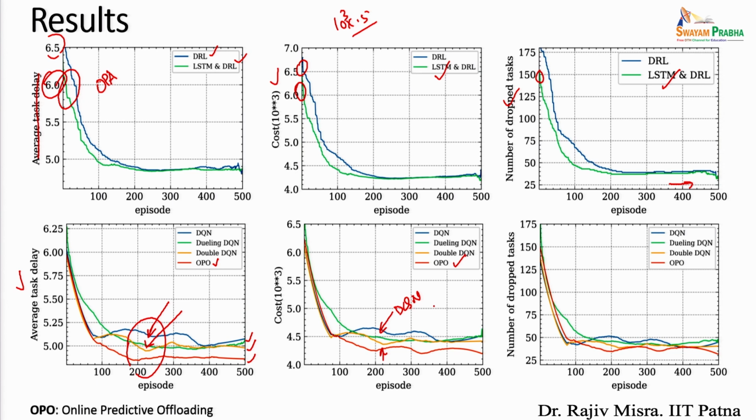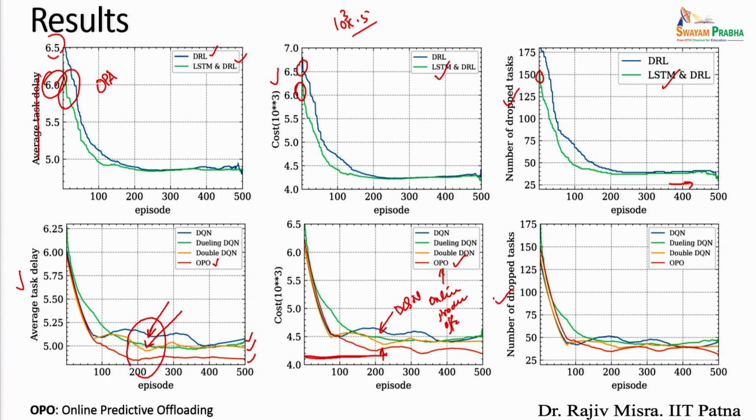So, online prediction offloading, OPO, the online prediction offloading algorithm, if you see, the cost is quite less, that is quite optimal compared to the double DQN or dueling DQN application. Now, here you can see the number of dropped tasks.